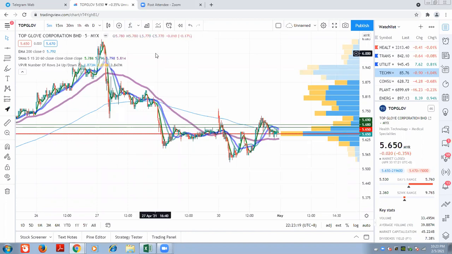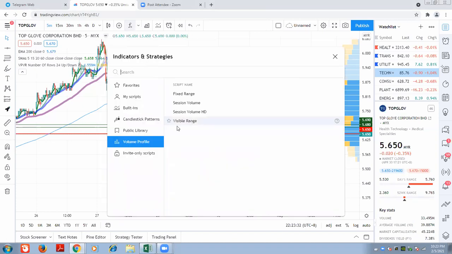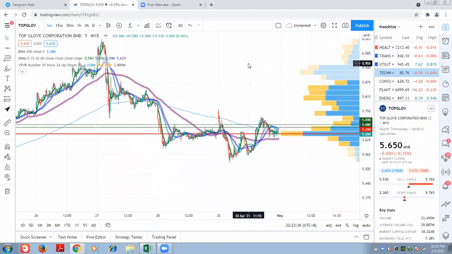Not in basic, no. I'm not sure. So you must subscribe to TradingView at least. So visible range, remember. At least you don't need to subscribe to indicators monthly. It depends on why you subscribe to TV.